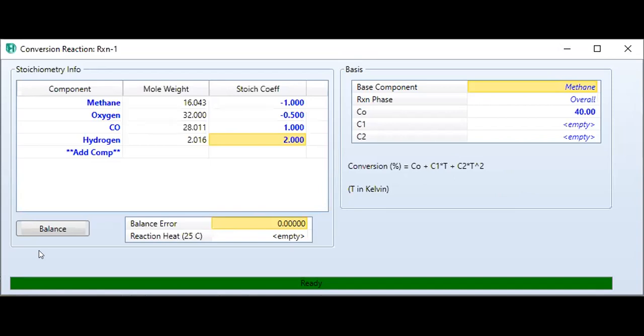Now, in the beginning we saw that in one reaction we are generating CO using methane and oxygen, and in the second reaction we are generating CO2 along with hydrogen using methane and oxygen. So my first reaction is defined.